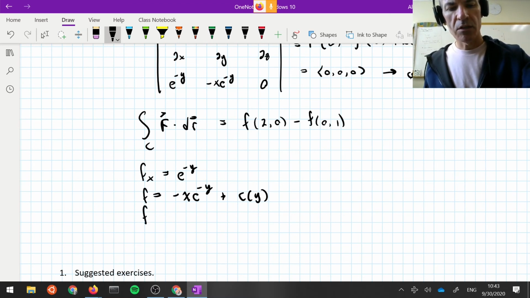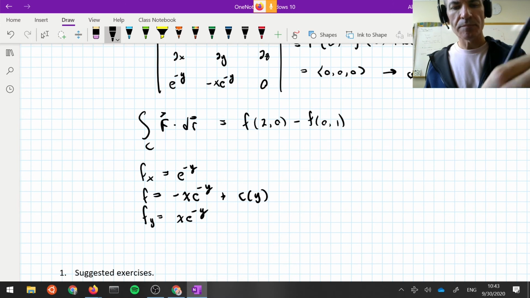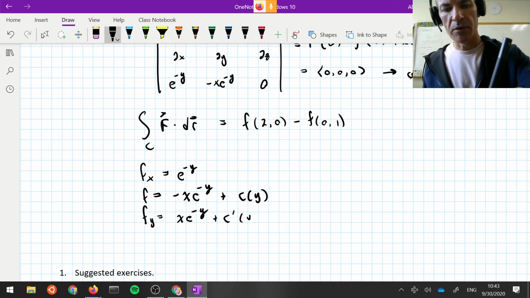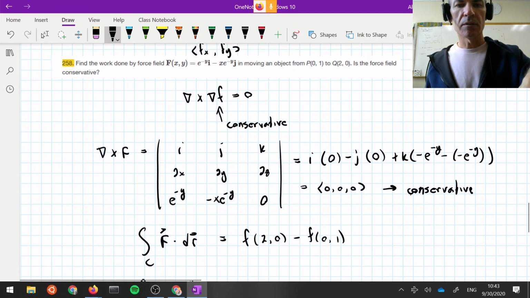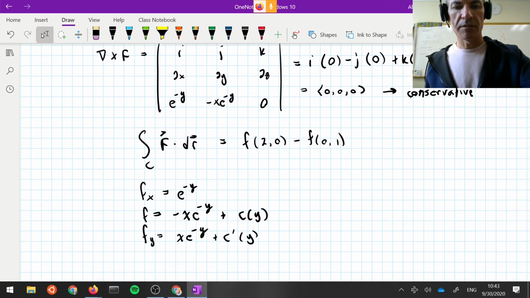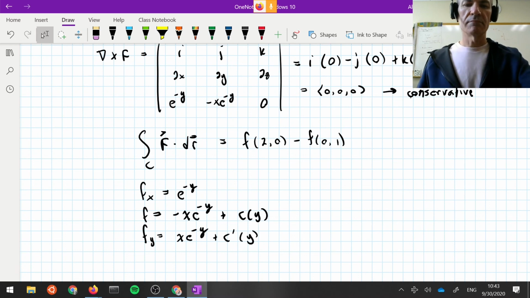Then we take the partial of f with respect to y, and we get x e to the minus y plus c prime of y. Now that has to equal, oh, did I make a sign error here? Hold on for a second. I think I'm okay. I don't know.